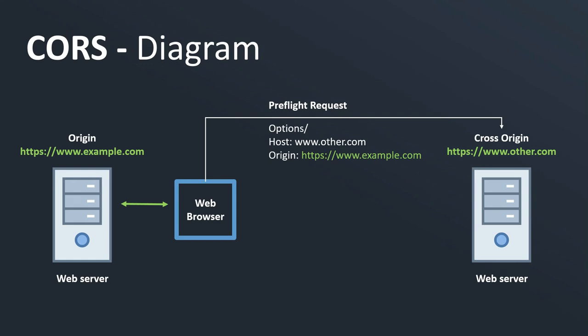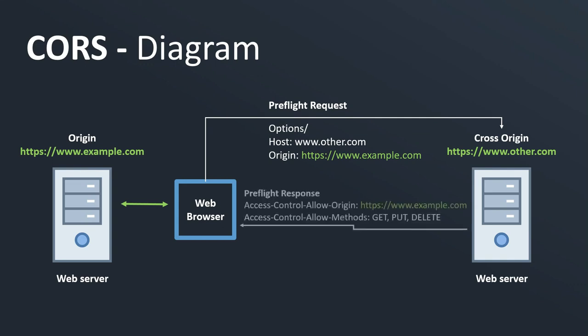So what the web browser will do is that it will do what is called a pre-flight request, and this pre-flight request is going to ask the cross origin if it is allowed to do a request on it.